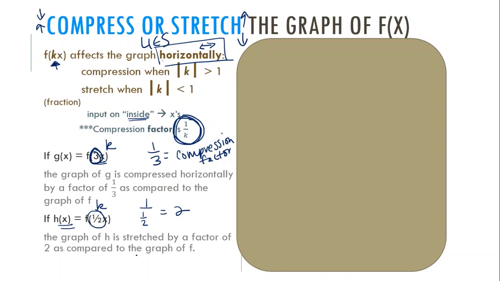So they're opposite what you really see. Since this is a positive 3, I really put that over k, so it becomes 1/3. And if I have a compression factor given to me of 1/2, I'm really flipping it because I'm taking the reciprocal, so it becomes 2.